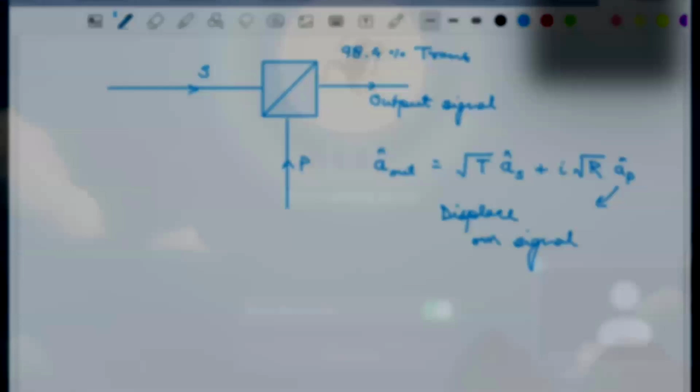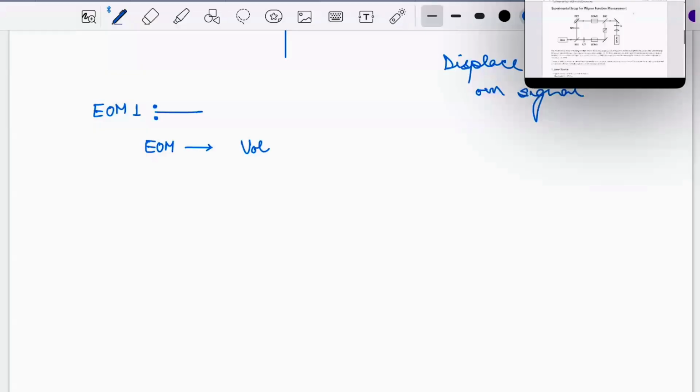So what EOM1 is doing is, what's the basic principle of EOM? EOM is generally known as electro-optic modulator. What it does is we have to apply some voltage by which it changes the motions of electrons.